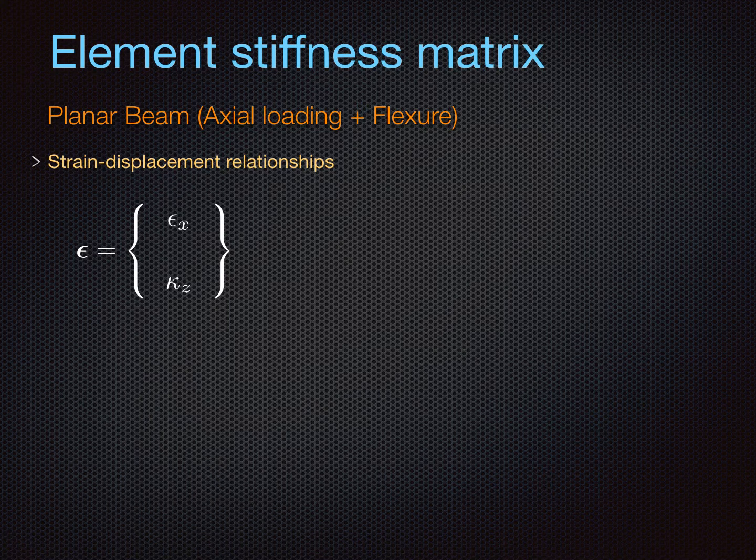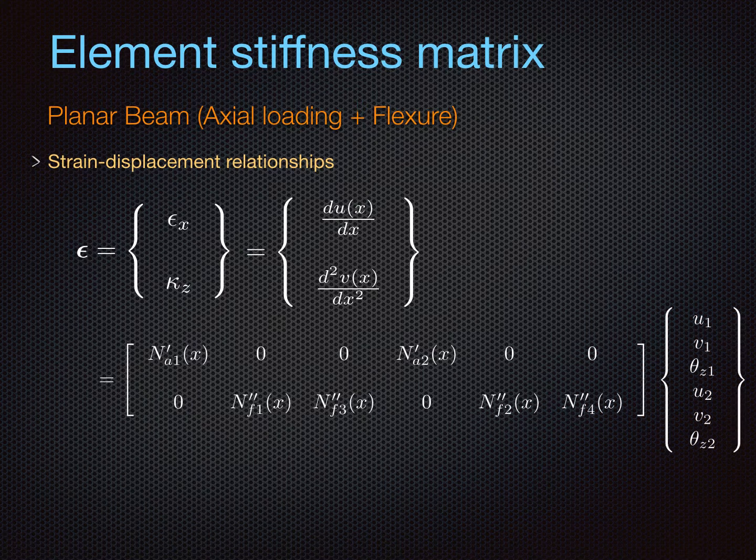And so here are our strain displacement relationships, which were the first derivative of the axial displacement field and the second derivative of the transverse displacement field. So now our combo B matrix will be not a 1-by-4 matrix or a 1-by-2 matrix, which was the case for the purely flexural problem and a purely axial problem respectively, but it will now be a 2-by-6 matrix.